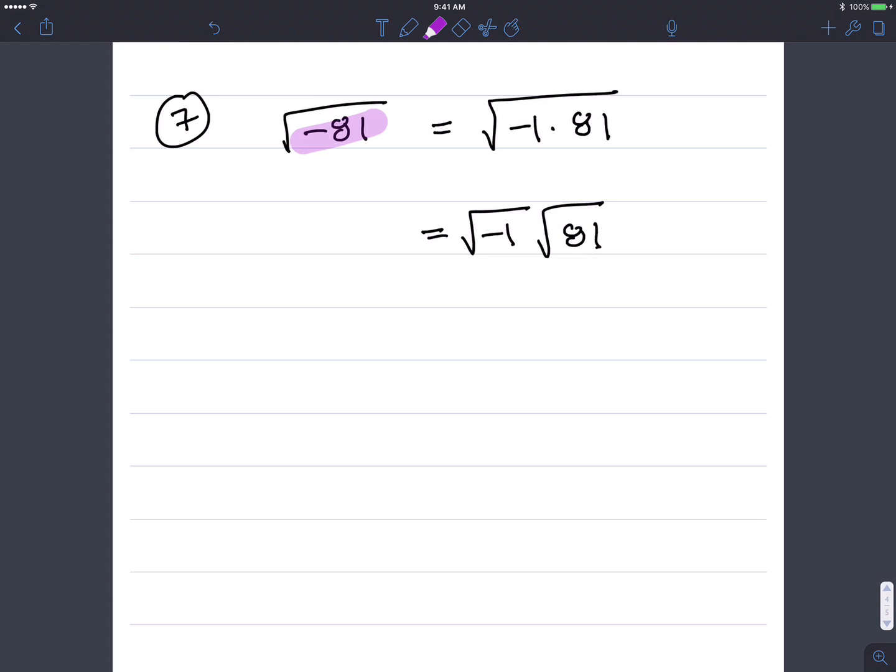Notice again, I have this square root of -1, and I'm going to replace it with i. The square root of 81 is 9. So I can write this as i times 9, 9 times i, or really just 9i for short. And we're done.